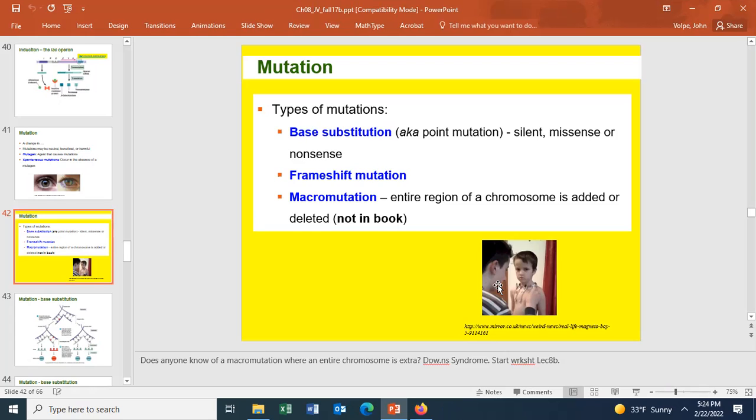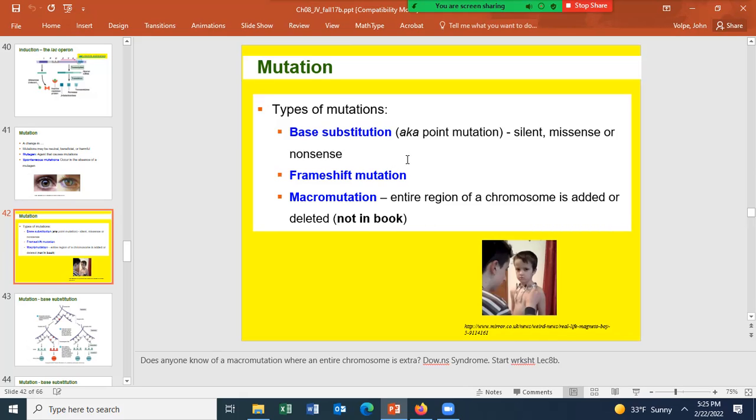But there are different types of mutations. There's a base substitution, also called the point mutation, where one nucleotide is changed for another nucleotide. And there can be different types of base mutations. We'll talk about them. There can be a silent mutation, a missense mutation, and a nonsense mutation.